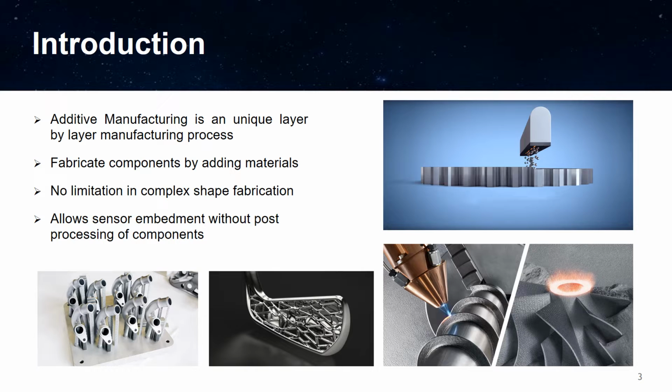It gives us a lot of freedom to make complex shapes for the parts because you're adding material and not removing it. So you can do different types of complex designs and make the part without much of a hassle.